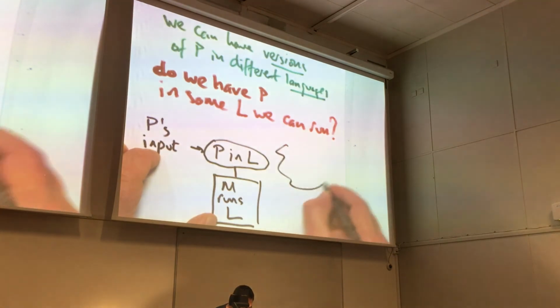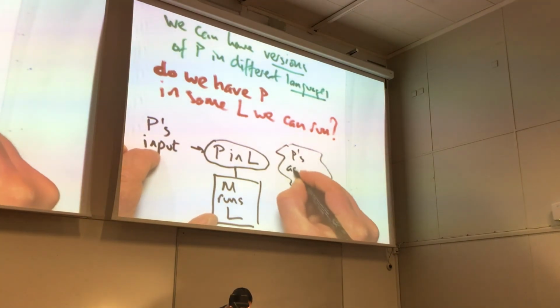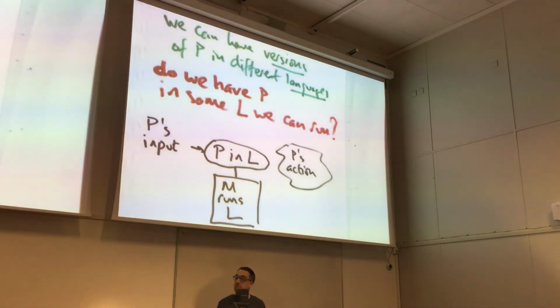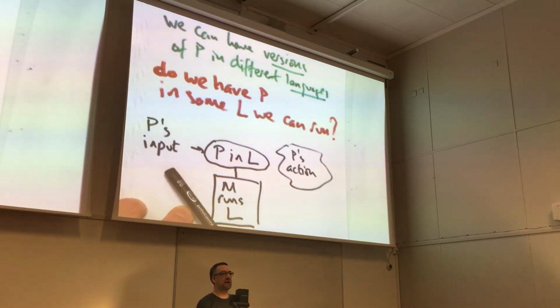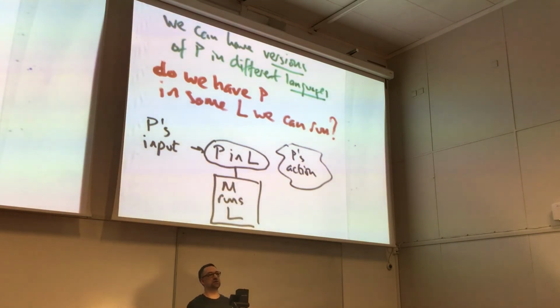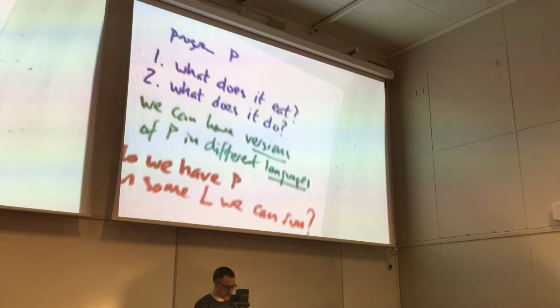And what will happen is P's action. So that's the typical picture. In order to run a program, you need to have a version of the program which you can run on some machine. You need to have the right input for the program, and under those conditions, you can run the program and good stuff will happen. Okay. So we're going to need to think about the relationship between machines and languages.